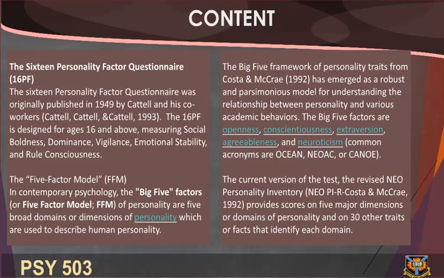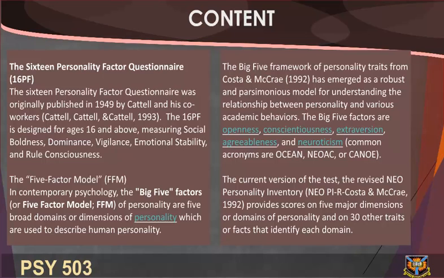The 5-factor model, FFM. In contemporary psychology, the Big 5 factors of the 5-factor model of personality are 5 broad domains or dimensions of personality which are used to describe human personality.